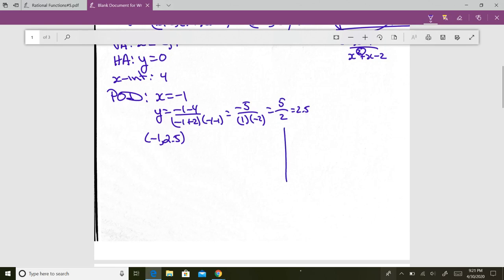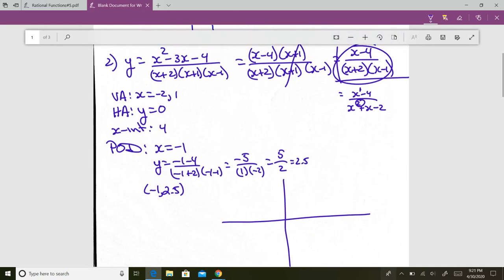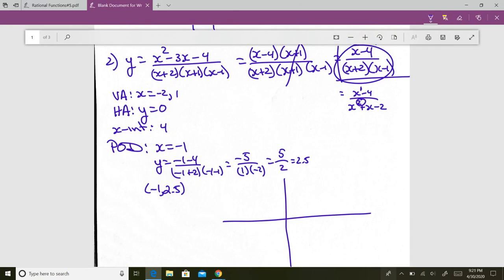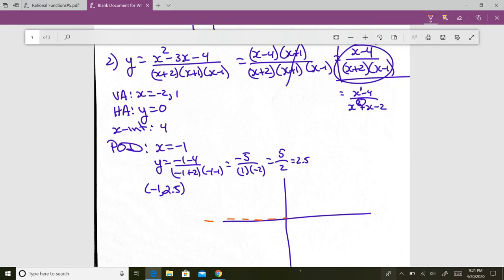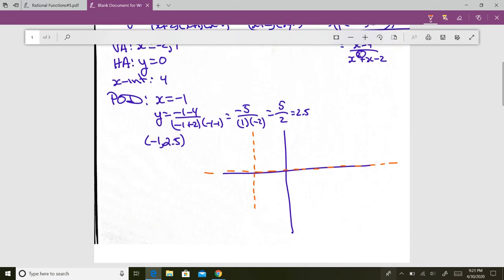All right. So the graph here, mark down everything. So horizontal asymptote of 0, right along the x-axis. The vertical asymptotes of negative 2 and 1.